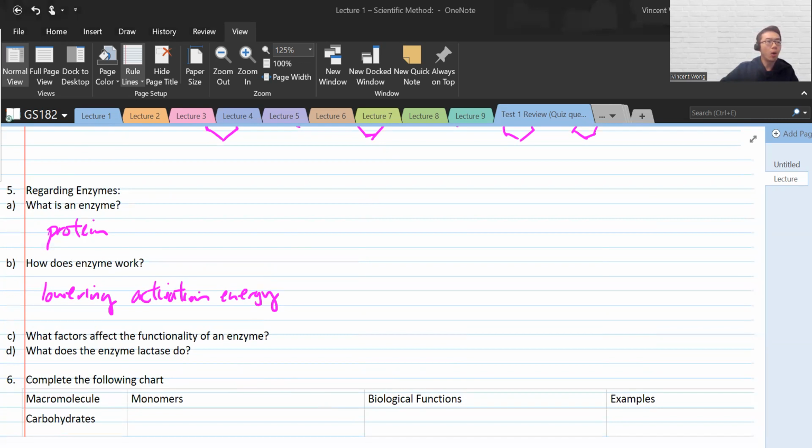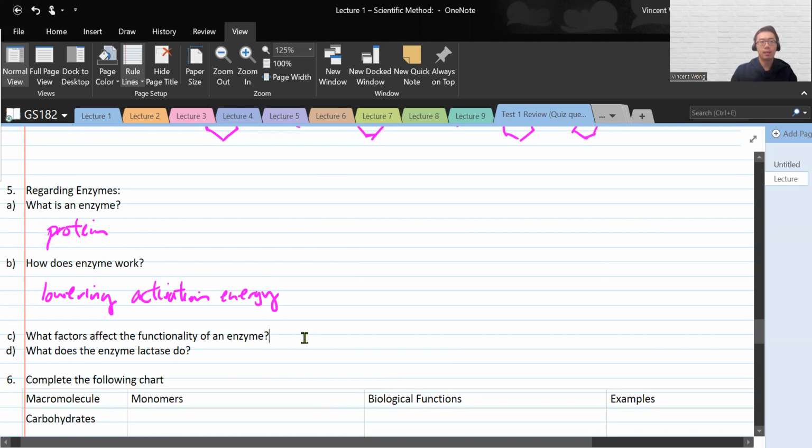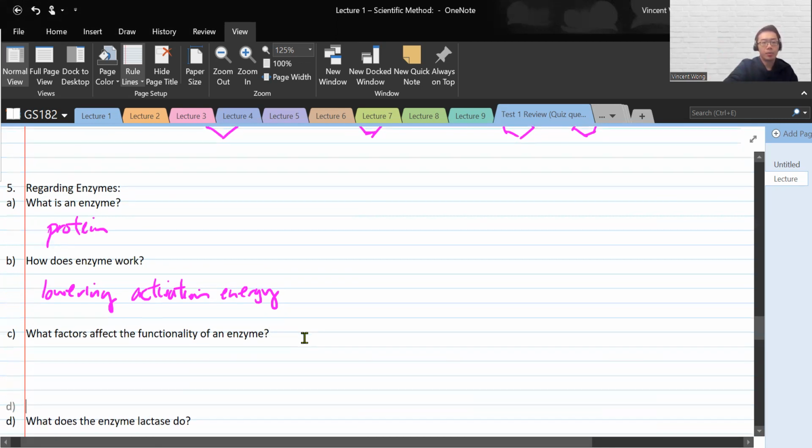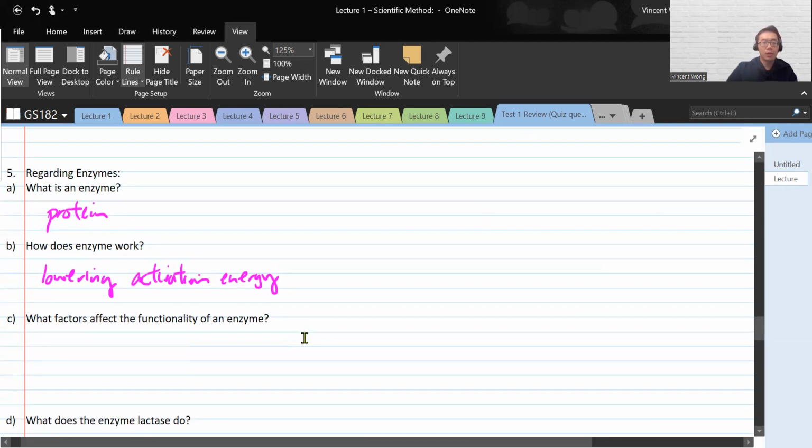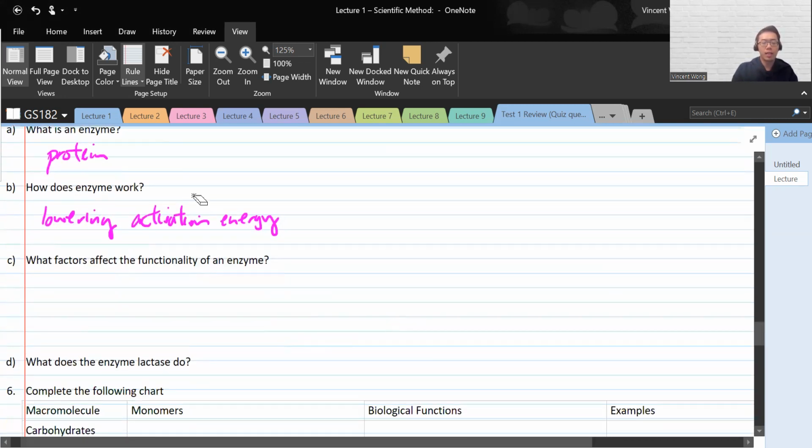That's the energy required to start a chemical reaction. Sometimes the energy requirement is too high and it's not possible to achieve that within the body, so the enzyme lowers that requirement, and you're still able to do it.